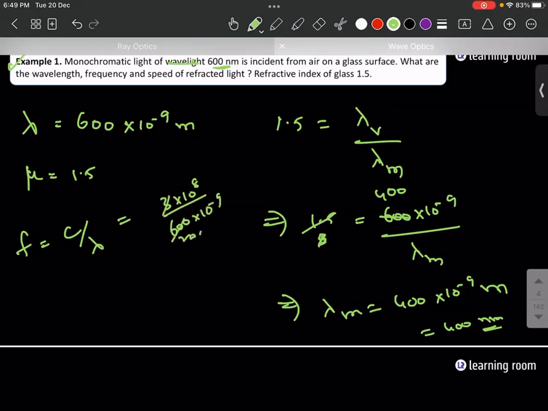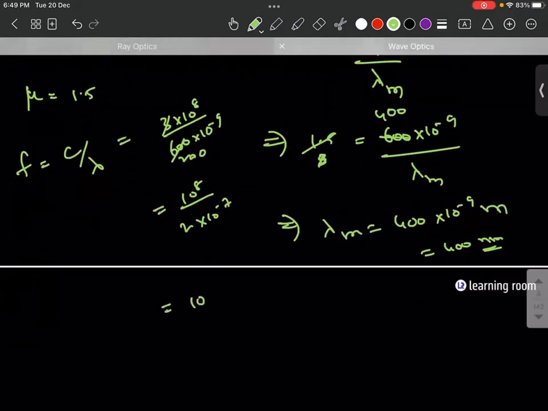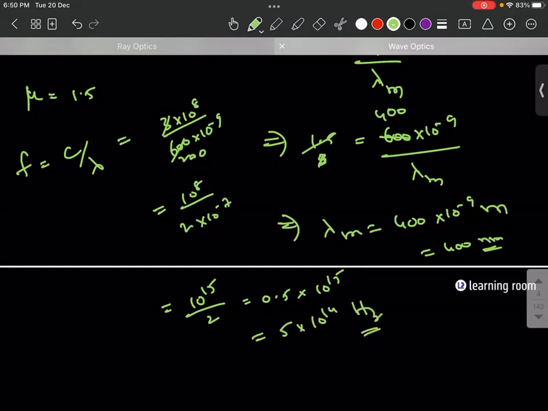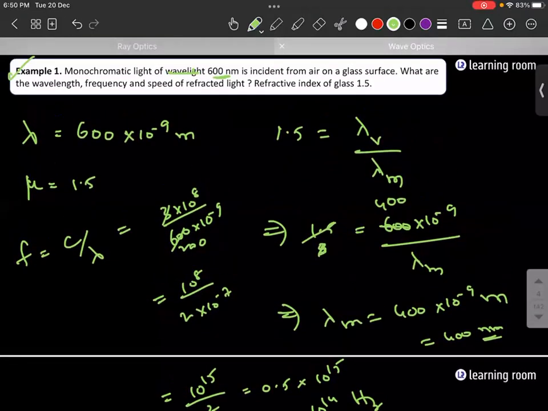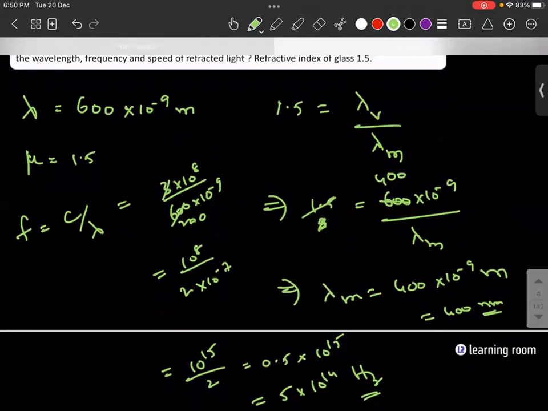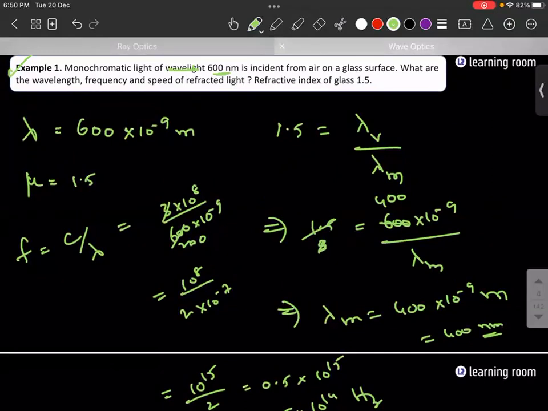This will go 200 times. So 10 power 8 divided by 2 into 10 power minus 7, which is 10 power 15 by 2, or 0.5 into 10 power 15, which is also equal to 5 into 10 power 14 hertz. That is the frequency in both the media, because frequency does not change when the light travels from one medium to another.